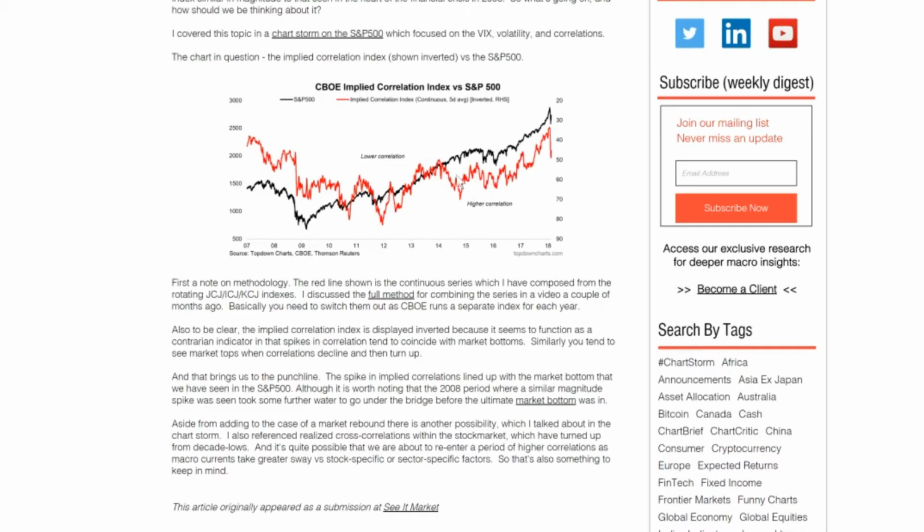And also the flip side is that when we see these lower correlations, that can be when trouble starts to emerge or a top starts to emerge. And again, the logic behind that, one thing that would drive lower correlations between stocks or sectors would of course be if a couple of stocks or sectors were particularly bubbly or frothy, and at risk of having a correction.